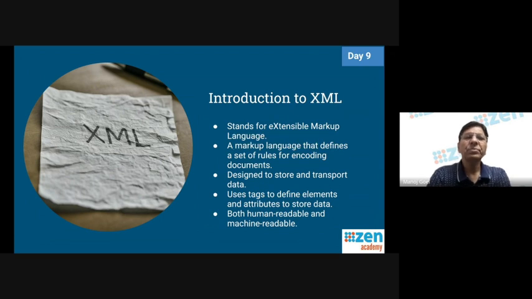A markup language that defines a set of rules for encoding documents, designed to store and transport data. It uses tags to define elements and attributes to store the values, both human readable and machine readable. And one very common example, if you know about HTML, the HTML format in itself is XML.